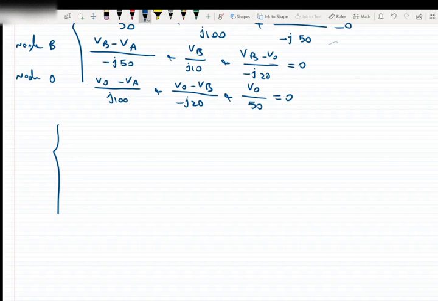Let's factor out VA, VB, and VO from these equations.